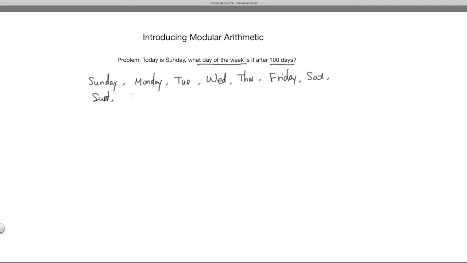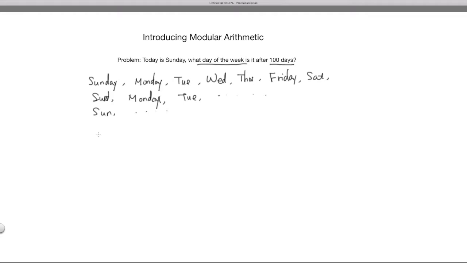Right? And then Monday, that pattern repeats. Tuesday. And again, in 14 days, it comes back again to Sunday. So here you see the problem becomes find out how many multiples of 7 there are, because after a multiple of 7, it becomes a Sunday.